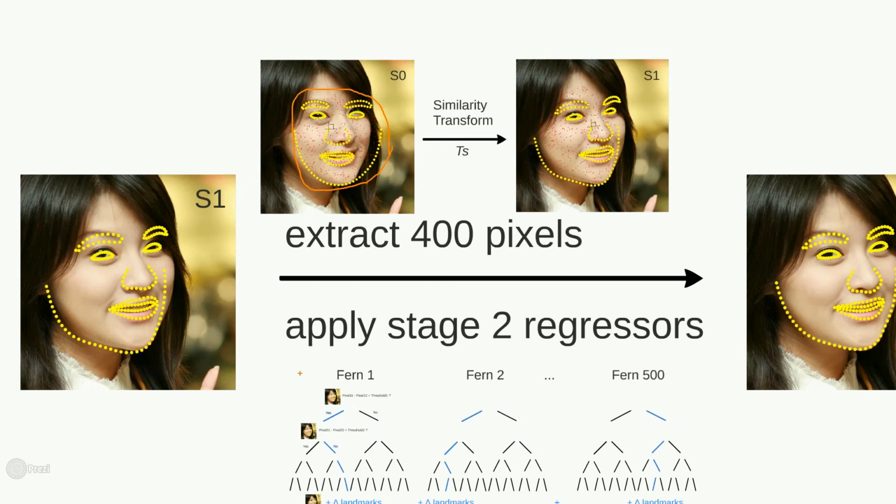And also there will be 500 ferns. And at each fern, there will be 1, 2, 3, 4 questions. And each question has the index of the pixels to be selected from the 400 pixels and the threshold value. And also each fern has 16 leaves, where each leaf stores a delta landmark.